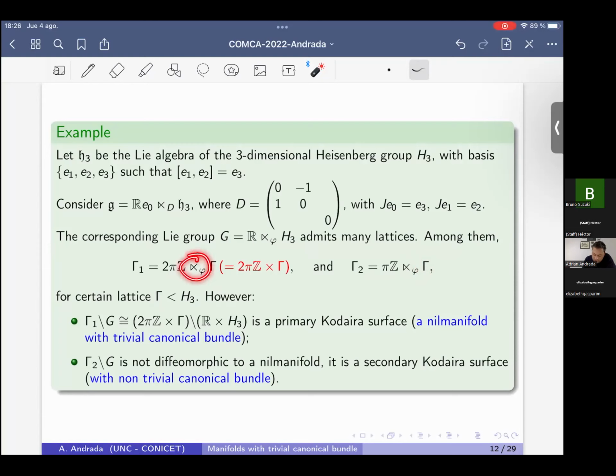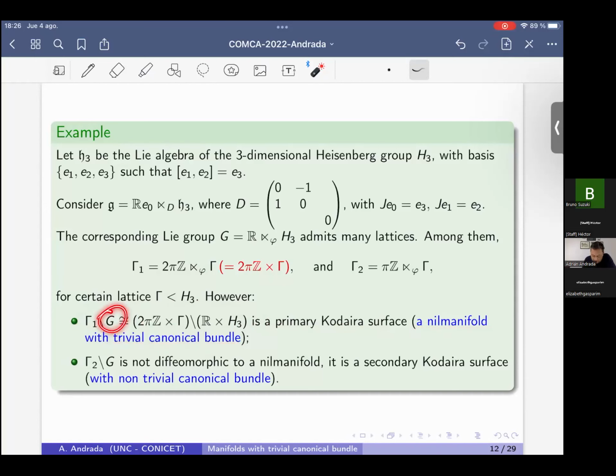In fact, this one, since we have 2 pi here, is in fact a direct product. And we can see that this quotient G divided by gamma 1 is in fact isomorphic as a complex manifold to a nilmanifold. This is a primary Kodaira surface, and it is known that it has trivial canonical bundle.